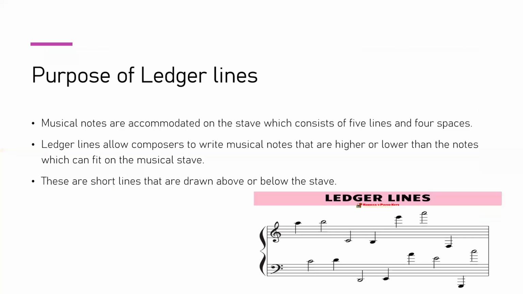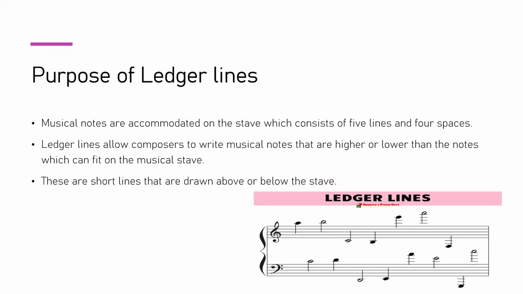What's the purpose of ledger lines? Like you have been taught in your previous grades, musical notes are accommodated on a stave, which consists of 5 lines and 4 spaces. That's actually the definition of a stave. A stave consists of 5 lines and 4 spaces. And this is where musical notes are written.